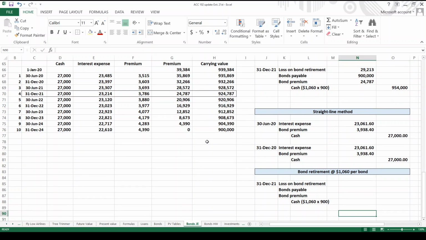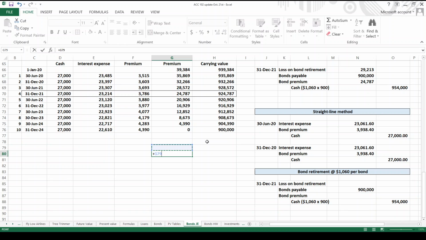All right, which brings us to the final journal entry. Okay, we're going to retire the bonds 2 years from the date of issuance. How much cash is it going to be? $954,000. What's the balance in bond premium? Well, let's see. What's the balance in bond premium?